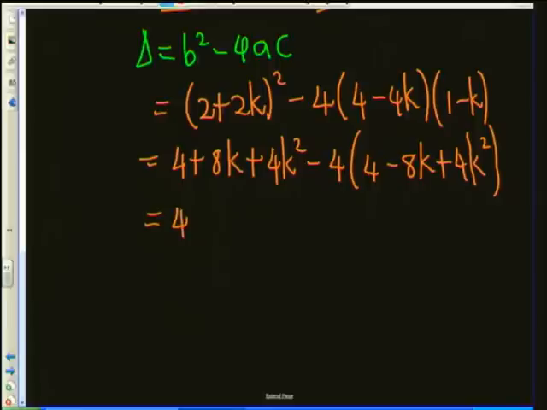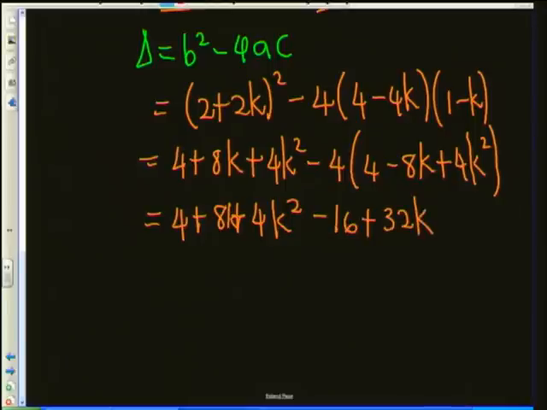So I'm going to have 4 plus 8k plus 4k squared minus 16 plus 32k minus 16k squared.